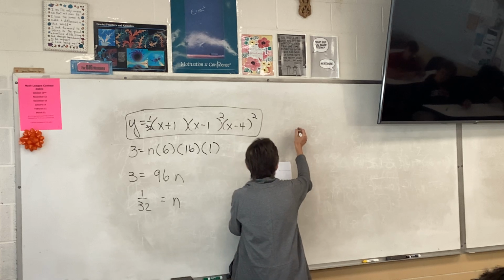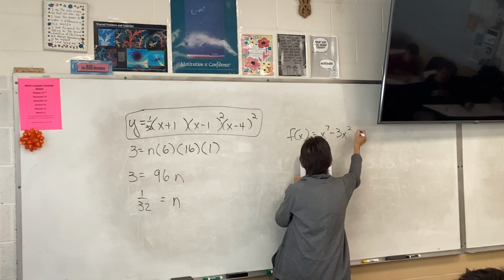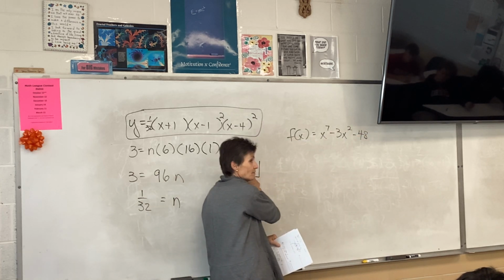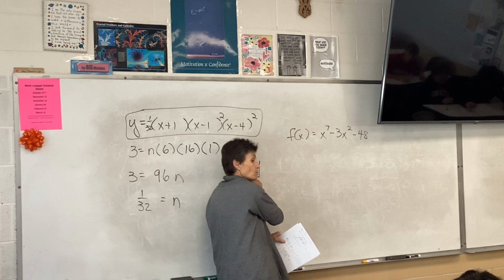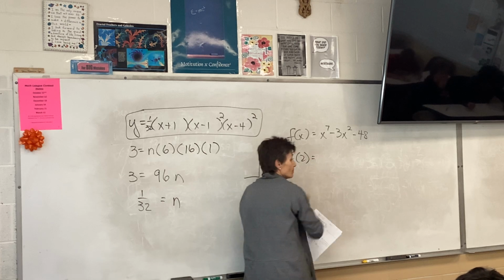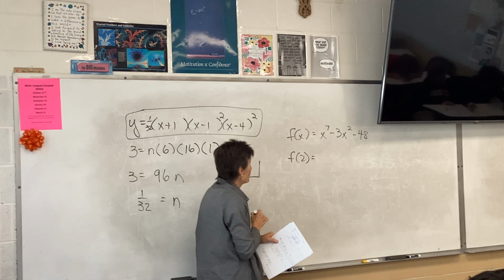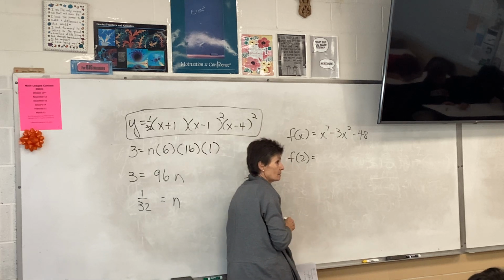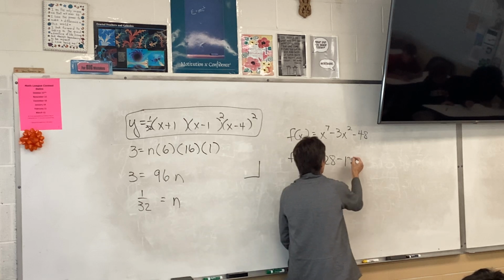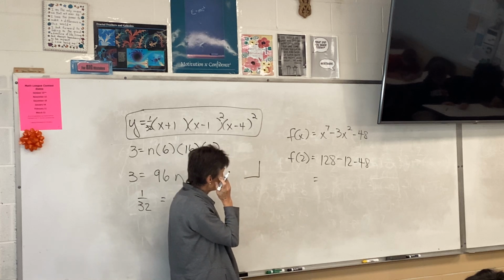Plug in. Think of the problem as a function, and plug in the same number that you would have divided by. So what number would you put out in the box? 2. So you're going to plug in 2. So 2 to the 7 is 128, minus 12 minus 48. You can do this on a calculator.